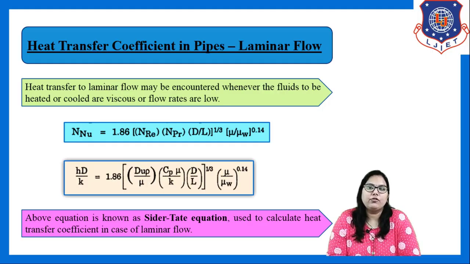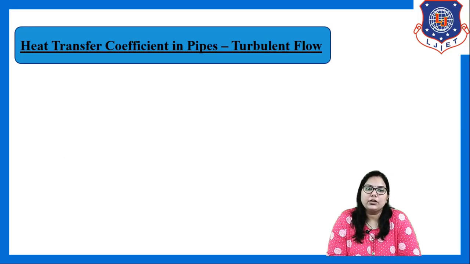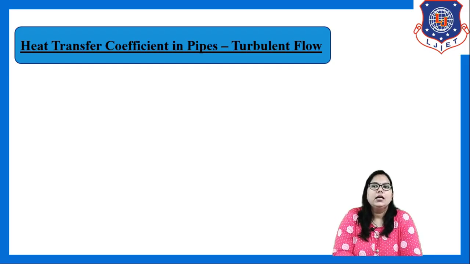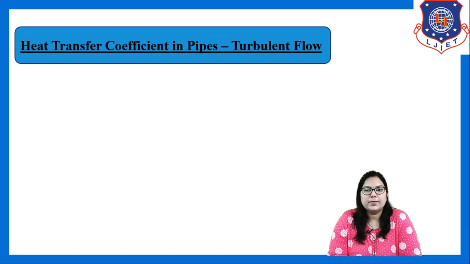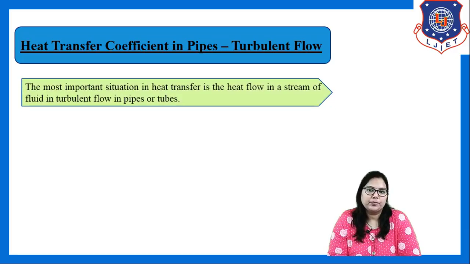Now let's see what to do when we have to calculate heat transfer coefficient in case of turbulent flow. So let's see heat transfer coefficient in pipes in turbulent flow. In most situations in heat transfer problems, the heat flow in a stream of fluid is in turbulent flow in pipes or tubes.